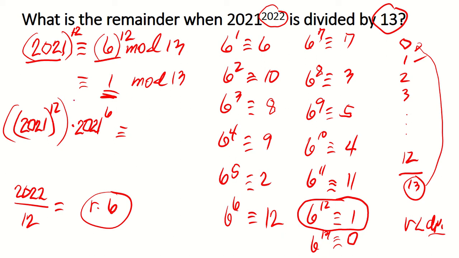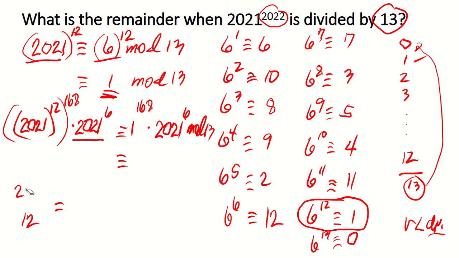So it means raised to the power of 168, which is congruent to 1 raised to the power of 168, times 2021 raised to the power of 6 modulo 13. We multiply like this to complete the 2022. So this is equivalent to 2021 raised to the power of 6 modulo 13.